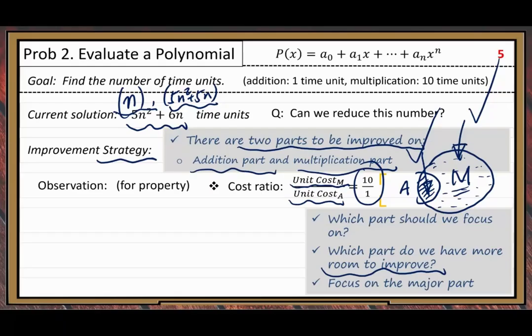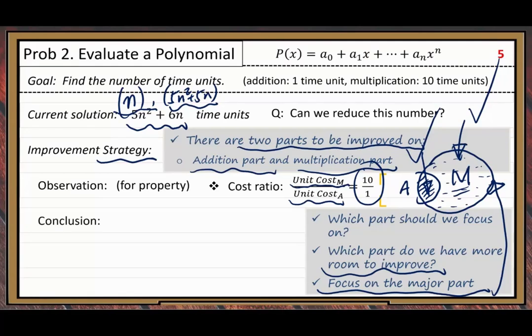The answer is to focus on the major part, the largest portion of our total computation time, and that is the multiplication part. So let's summarize this idea.